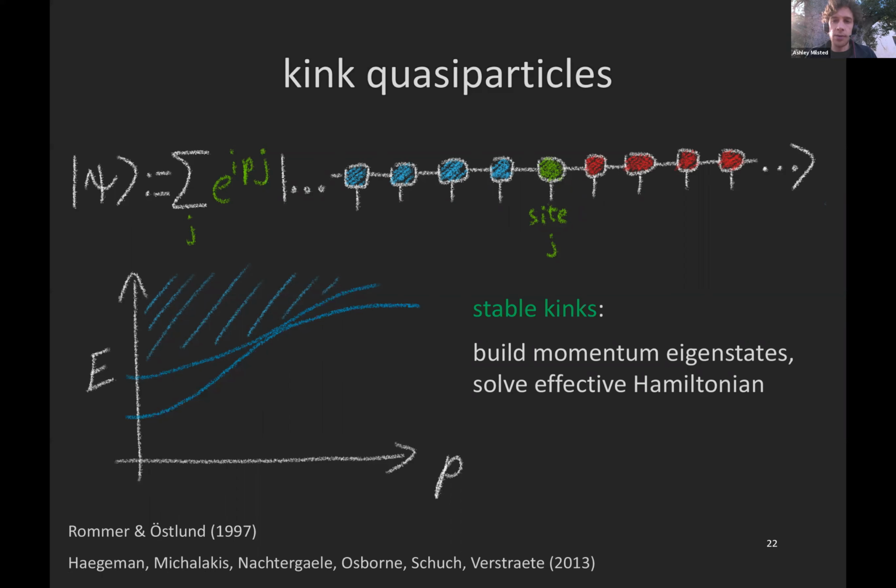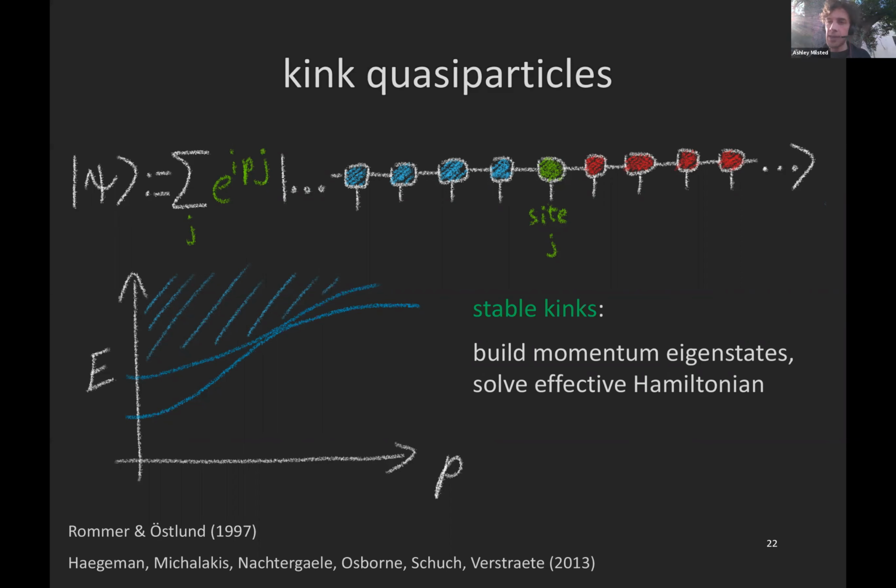Now, for our case, the true and the false vacua, of course, have different energy densities, and these kink type states are not really eigenstates of the Hamiltonian. In fact, they're far from it. So in order to find these green tensors in that case, we build an effective Hamiltonian where we effectively just subtract off the position-dependent energy of the kink. The energy of the kink depends on the position; it just depends on the amount of false vacuum that's present. So the more false vacuum that's present, the larger the energy.